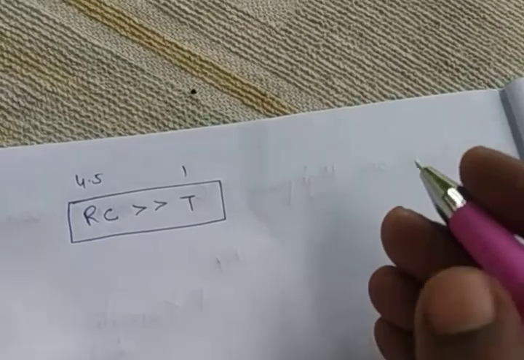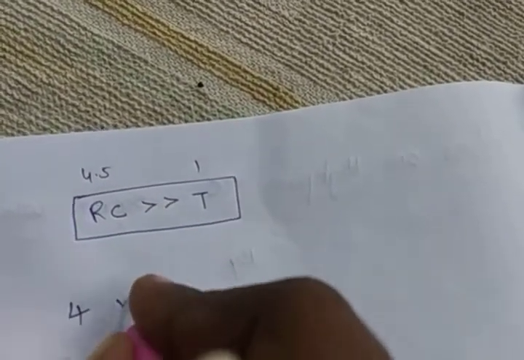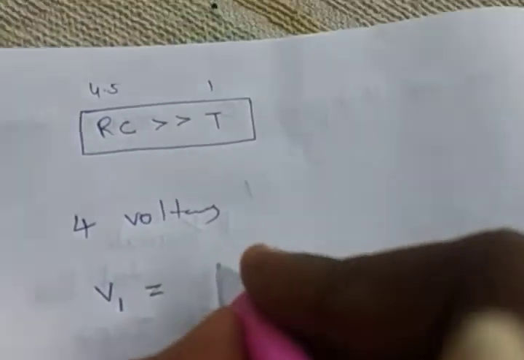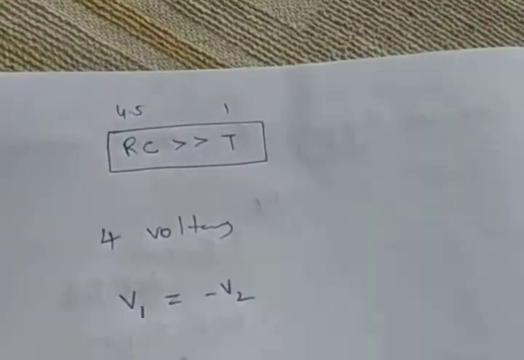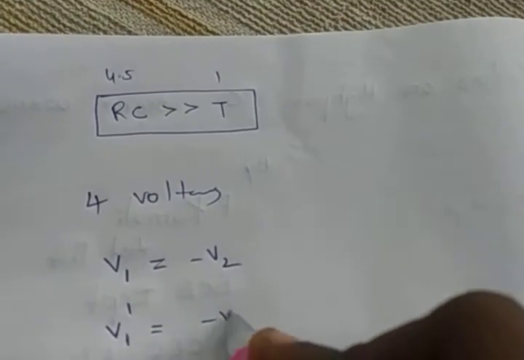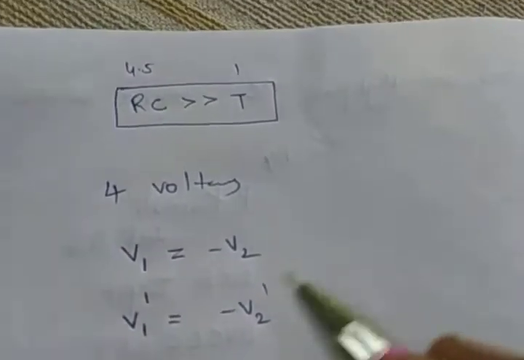Because of the tilt we have 4 voltages: V1 which is equal to minus V2, and V1 dash which is equal to minus V2 dash. These are the 4 values of voltages that we have to calculate and indicate in the output.